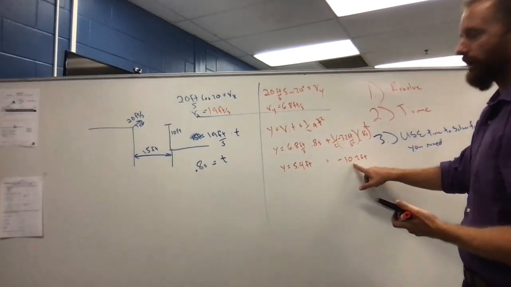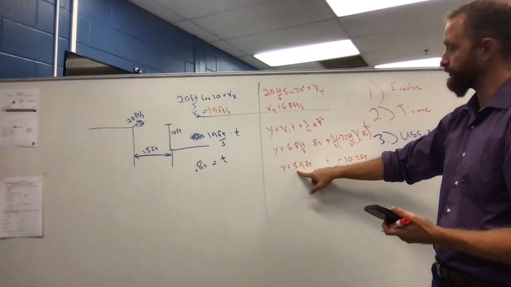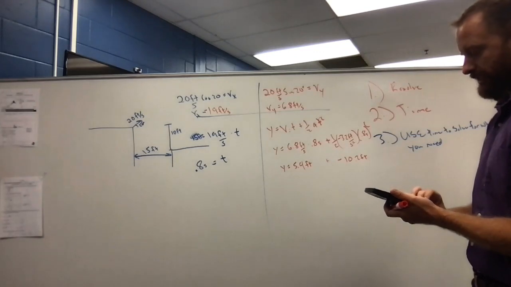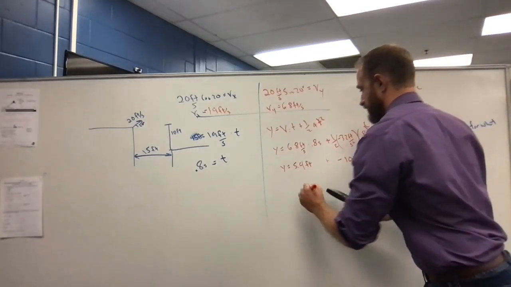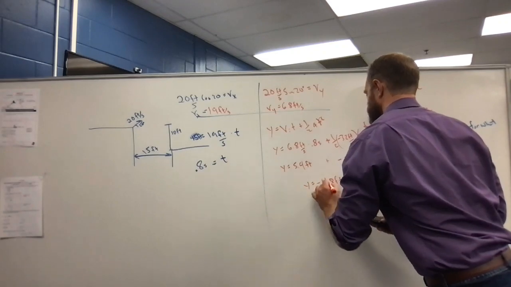So he is below where he originally started because he would have gone up 5.4 feet, but he's down negative 10.2 feet. So if we add those together, plus 5.4, that gives us a y displacement of negative 4.8 feet.